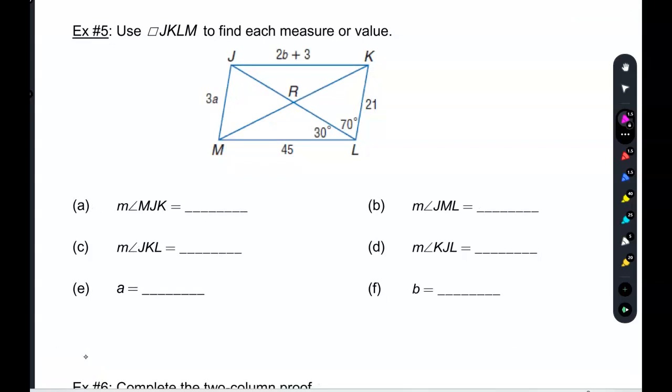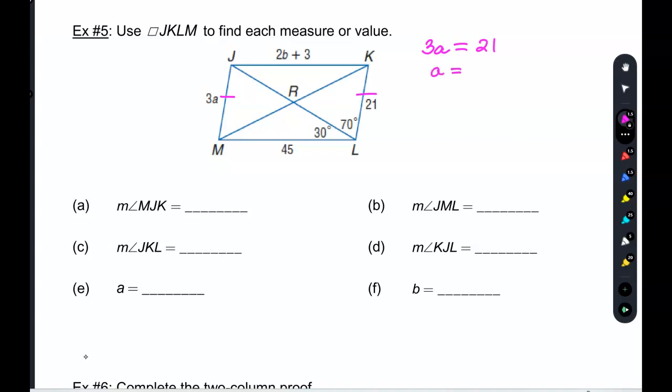Okay, so next one, we're just going to be solving. So if we have parallelogram JKLM, yeah, so let's take a look. What do we know? We know opposite sides are congruent. So that means 3A is 21. So why don't we find the value of the variables first?